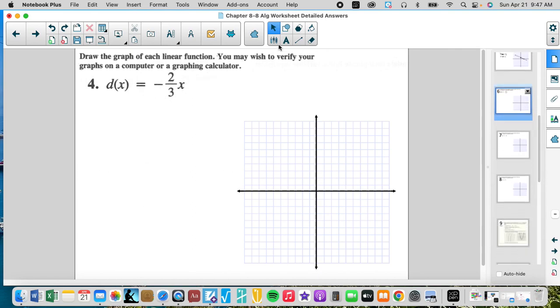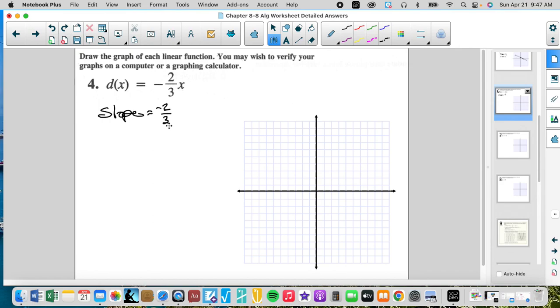This is a good one. So my slope equals -2/3, and my y-intercept is going to be 0. So I make a dot at 0. I go down 2, right 3, down 2, right 3, or I can go up 2, left 3. So I put the negative in the denominator instead of the numerator.